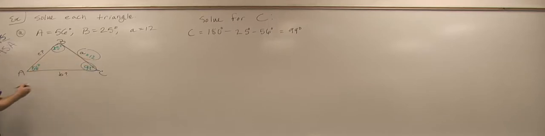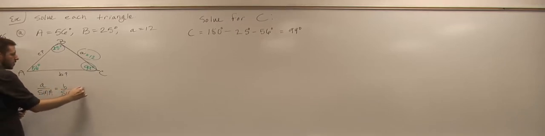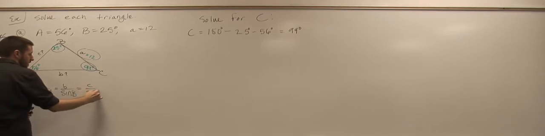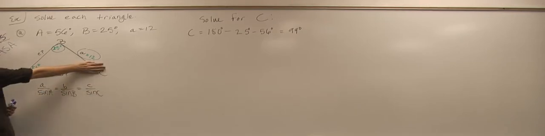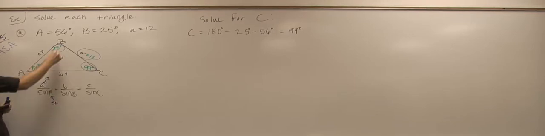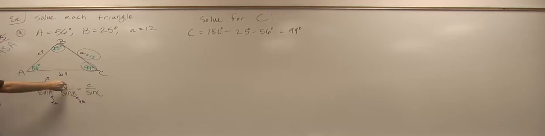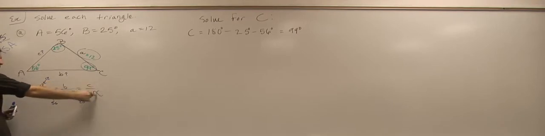Because the law of sines says a over sine A equals b over sine B equals c over sine C. If you take out this angle and you just try to put little a is 12, big A is 56 and big B is 25, you'll be able to get little b, but you won't be able to get any of the c's until you subtract.